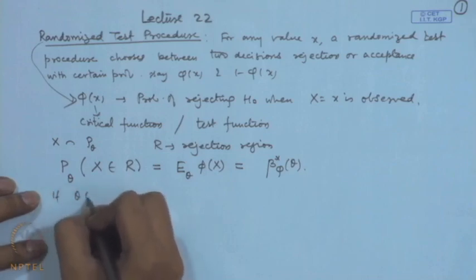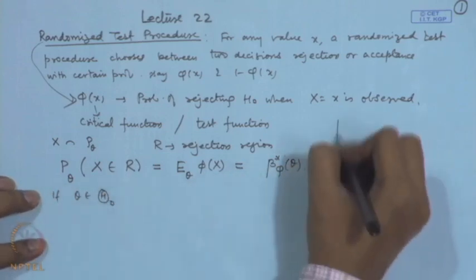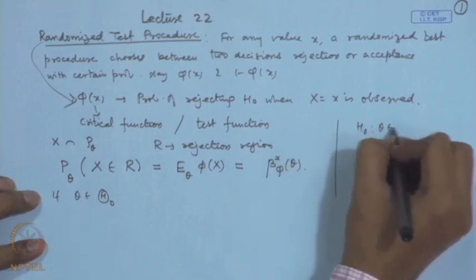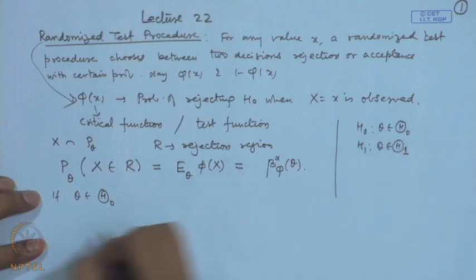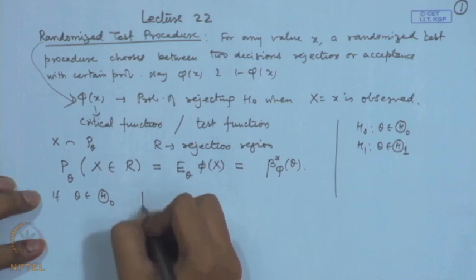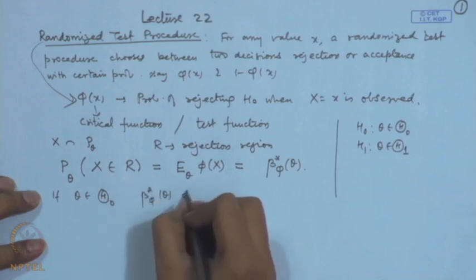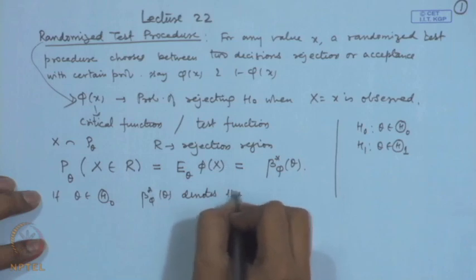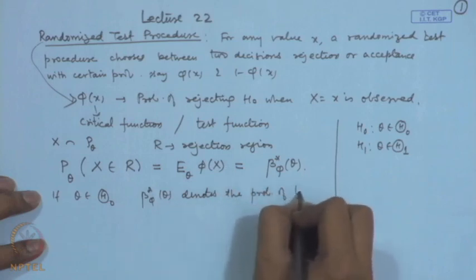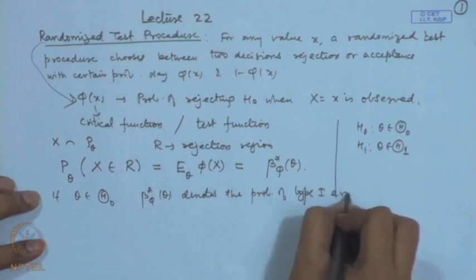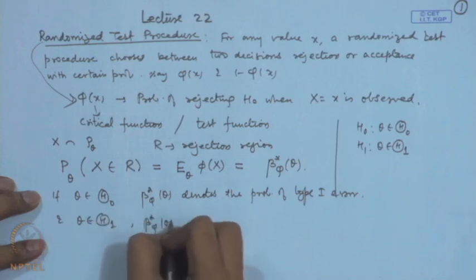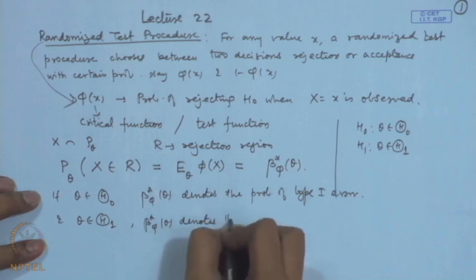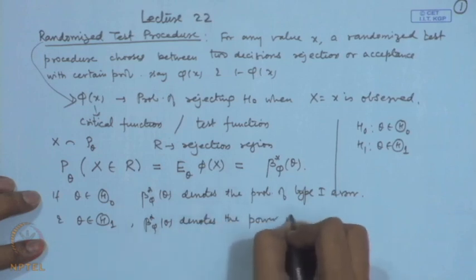In our general hypothesis framework, H naught is theta belongs to theta naught, and H 1 is theta belongs to theta 1. If theta belongs to theta naught, this beta star phi theta denotes the probability of type 1 error, and for theta belonging to theta 1, beta star phi theta denotes the power of the test.